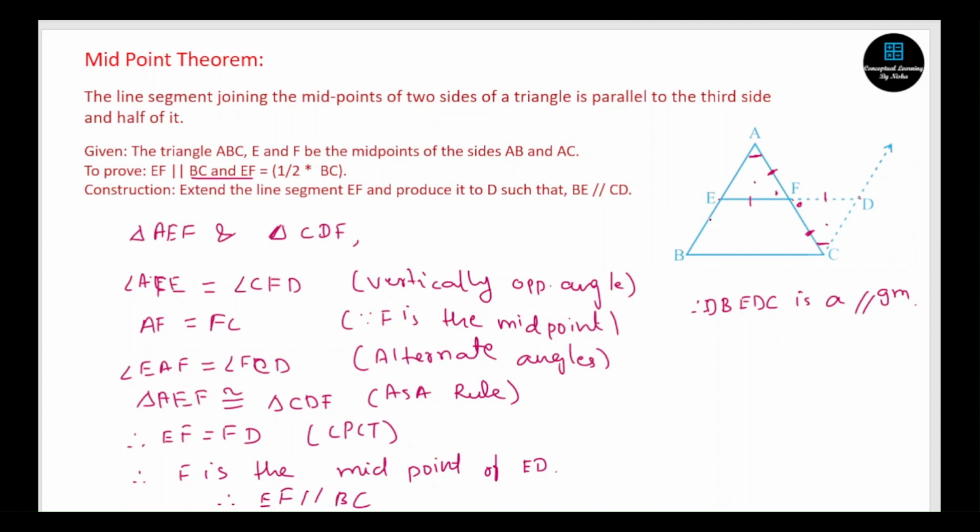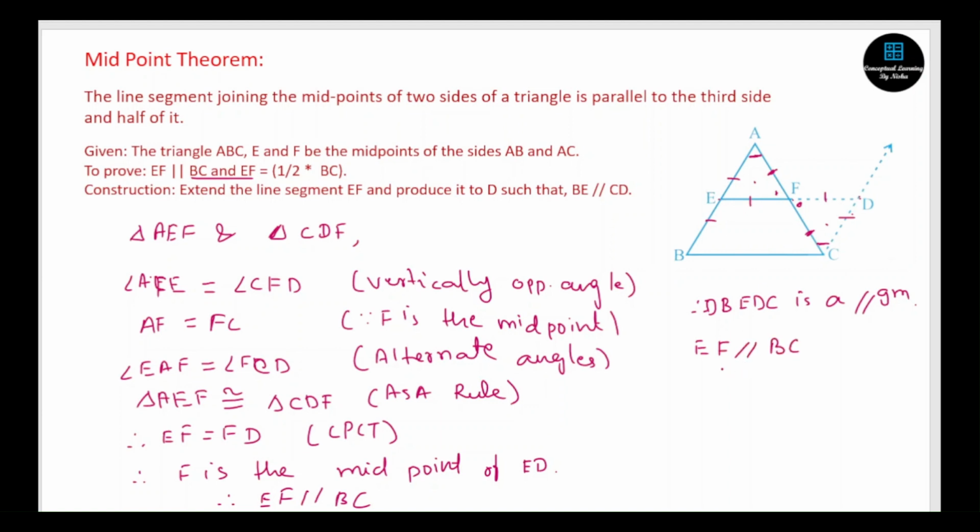So why? Because, see, opposite sides are equal and parallel, right? So this equals this, and we got this equals this. So eventually BE equals CD, and BE is parallel to CD, so it is a parallelogram. And therefore EF is parallel to BC.